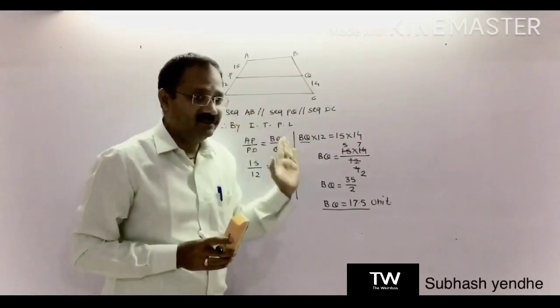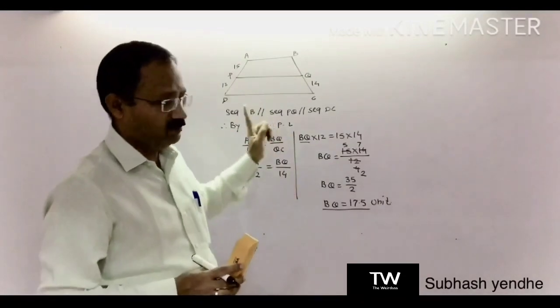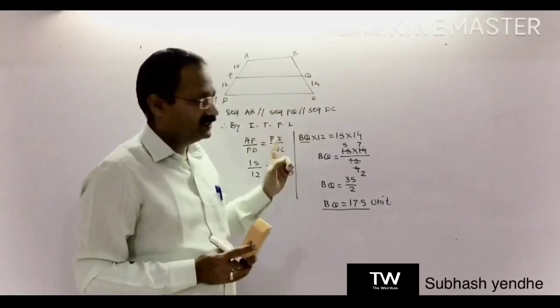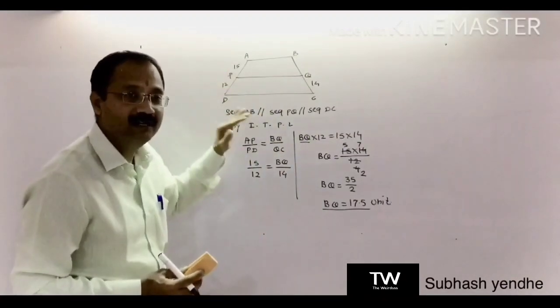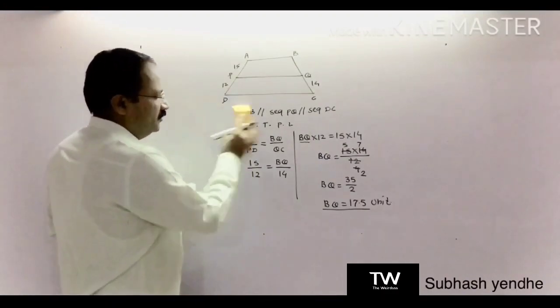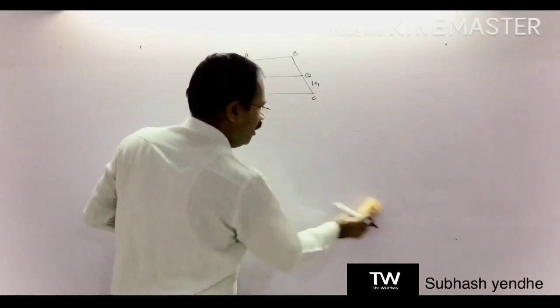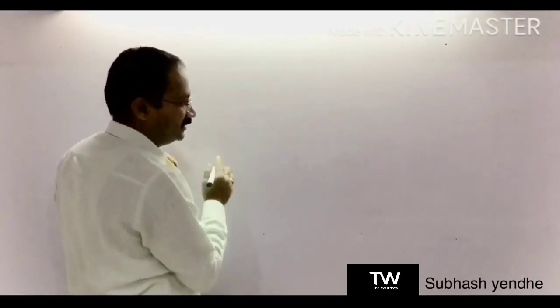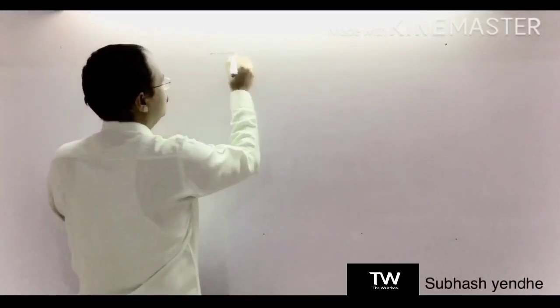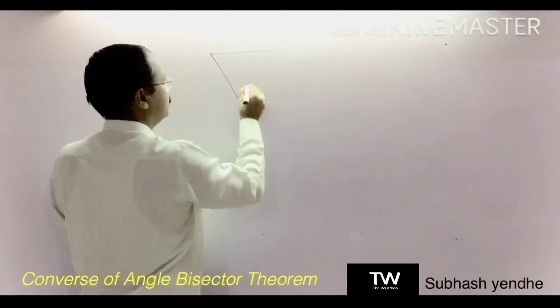These are the three sums related to the basic proportionality theorem, angle bisector theorem, and intersection of three parallel lines. Now we are going to see how to solve the sums related to the converse of BPT and the converse of angle bisector theorem. Now observe this figure.